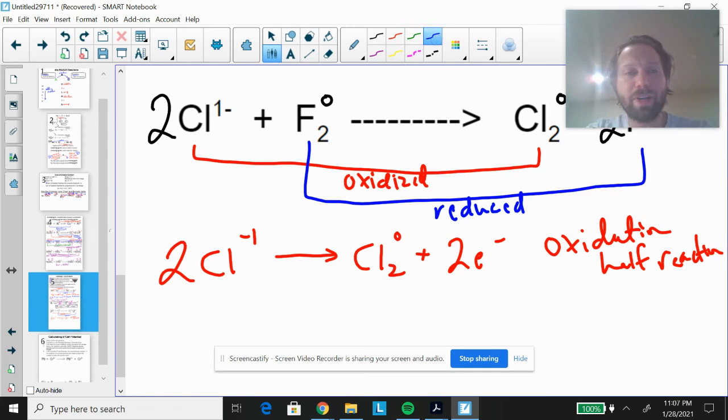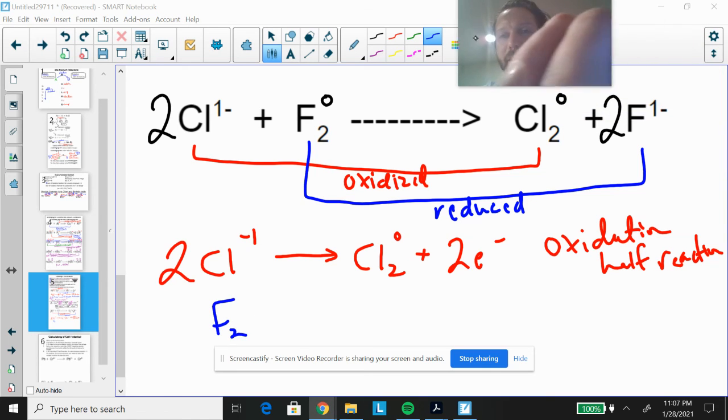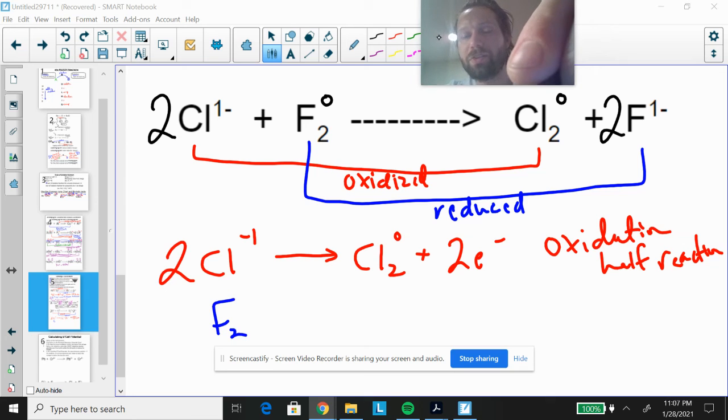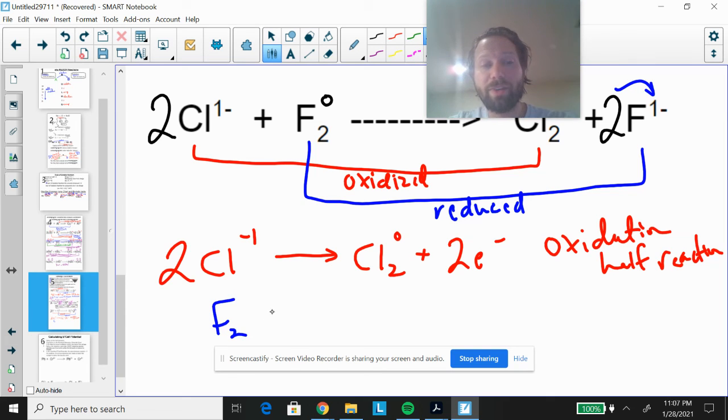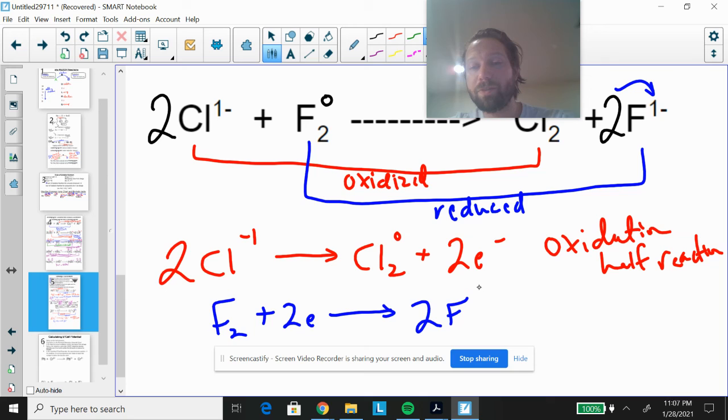Now we're going over to reduction. The reduction is F2, and again, let's take a look. It's going from 0 to -2 because that coefficient right there is going to be impacting it. So that means I have to add 2 electrons. And so now this becomes 2F-1.